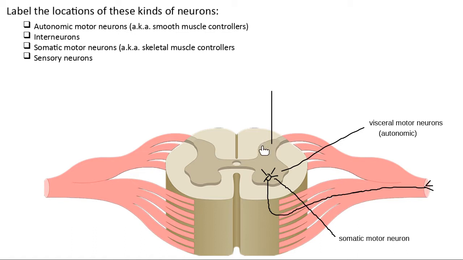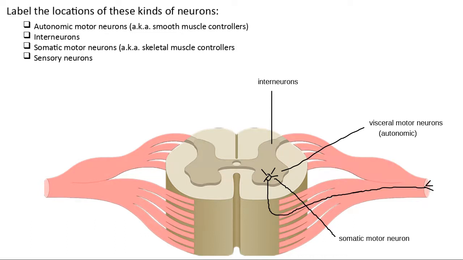Here in the dorsal horn, I have the cell bodies of which kind of neuron? Who lives back here? Do we remember? Yeah, so the dorsal horn is the location where I find the cell body of my processing neurons. My processing neurons live back here.